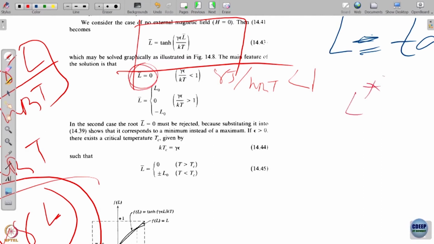Actually, I prefer L star, but that is okay. The only solution is that the magnetization is 0. So this is a random system.